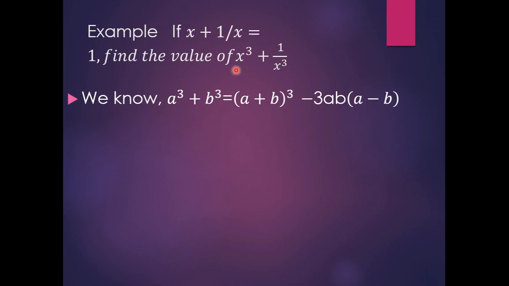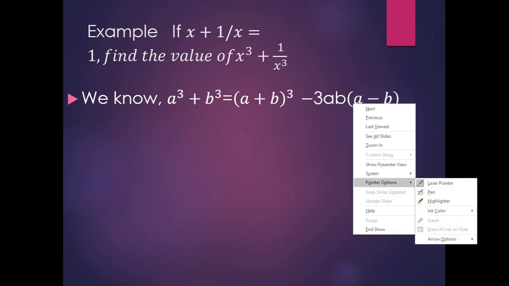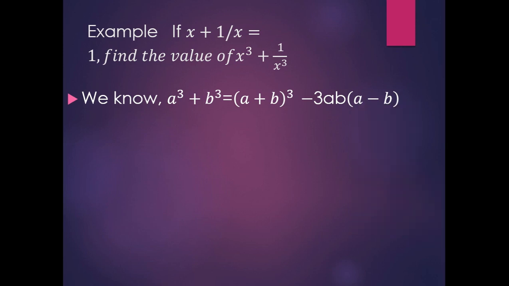We can also use this formula, that is a cube plus b cube. The formula is a plus b whole cube minus 3ab times a plus b. Here also I will make a correction: 3ab times a plus b.